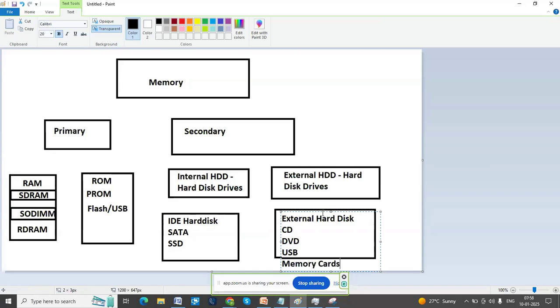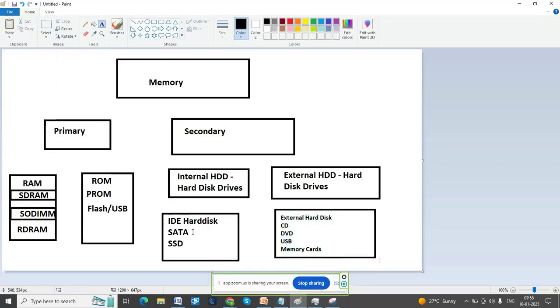These are externally connected, or you can say externally used. They can be connected anytime and disconnected anytime. That's called externally connected, externally disconnected. The internal ones are permanently connected inside. We cannot remove them. If we remove them, the data is gone. Any questions? No, sir.